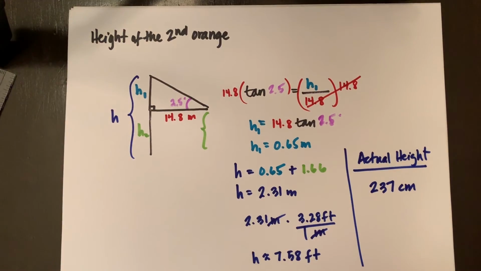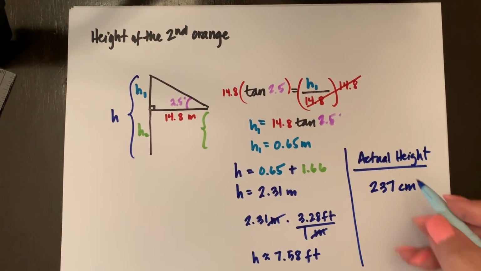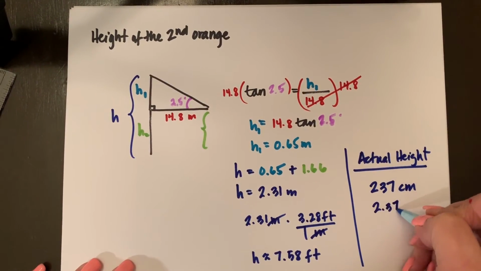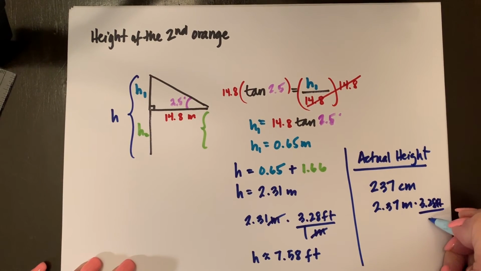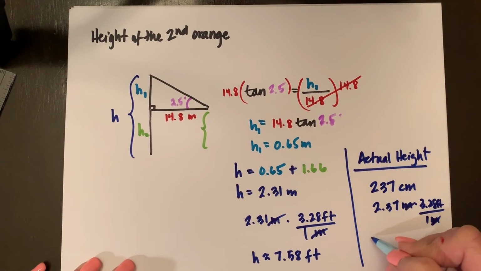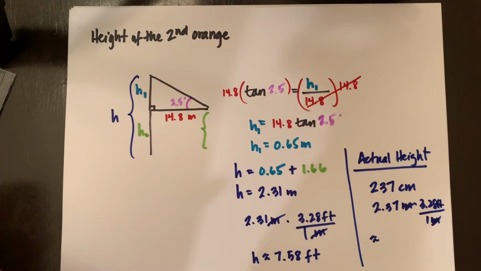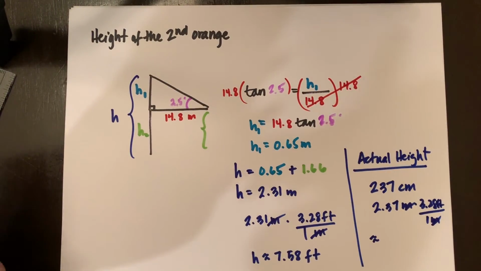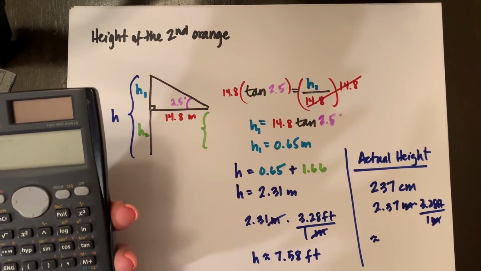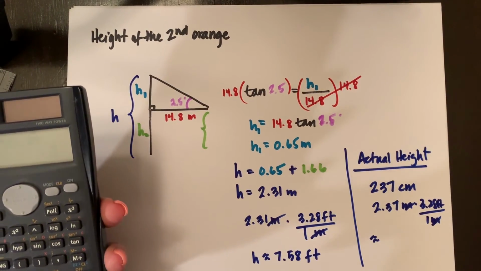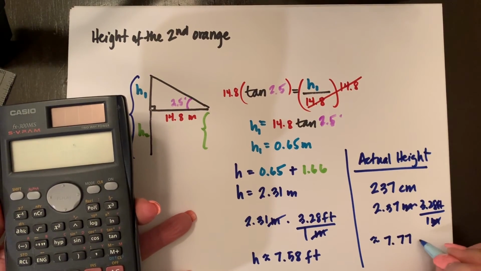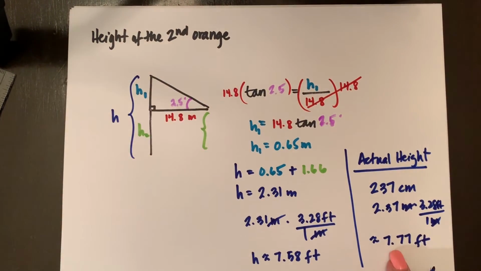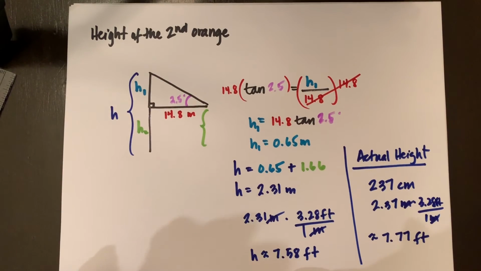Converting that to feet, 2.37 meters times 3.28 feet per meter gives us, drum roll, about 7.77 feet. Pretty good, pretty good.